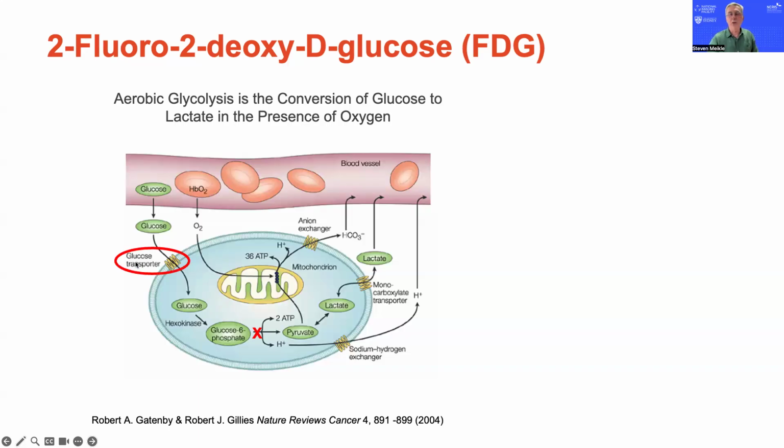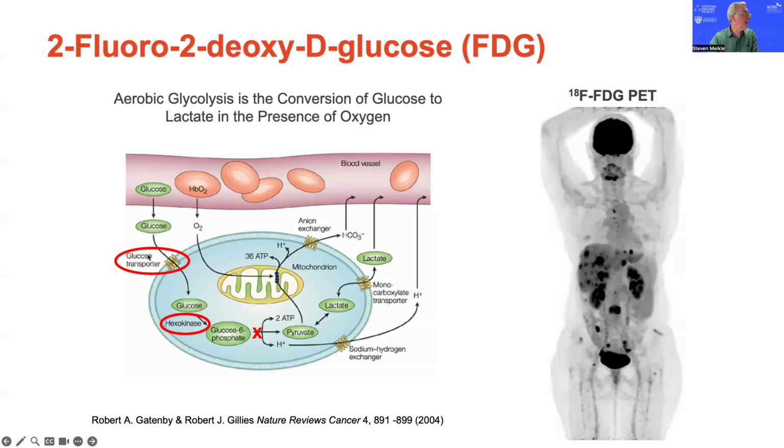And the two processes that dictate the rate at which it accumulates are the rate of glucose transport across the cell membrane and the activity of this enzyme called hexokinase. That's the enzyme that regulates the rate of phosphorylation for both glucose and FDG.